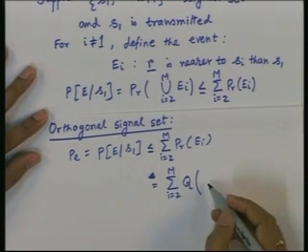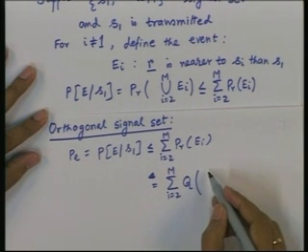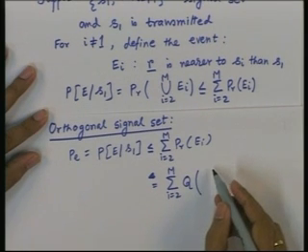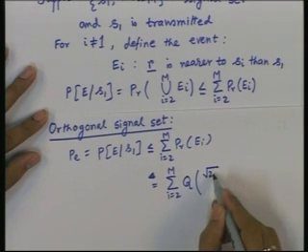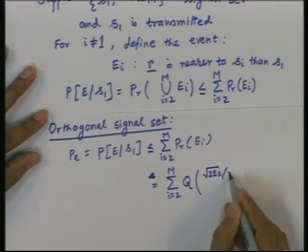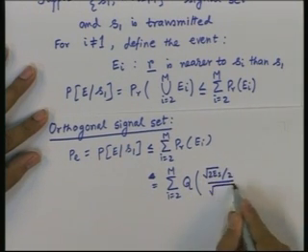And what is d by 2? The d is root over 2 Es, and that by 2, so root over 2 Es by 2 by root over N0 by 2.